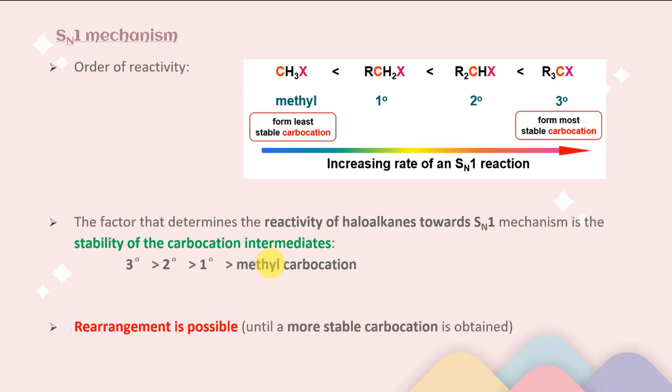And in terms of carbocations, you need to be aware that whenever you form a carbocation intermediate, rearrangement is possible until the most stable carbocation is obtained. The priority goes to a 1,2 hydride shift if there are any hydrogens present on the neighboring carbon, or if there are no hydrogens present, then we will go for a 1,2 methanide shift.